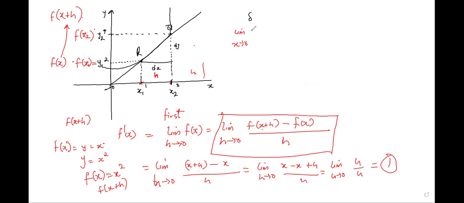So that means this is going to be the limit of x plus h all squared, minus f of x. f of x is what? x squared. So we have x squared, upon what? Upon h, right? That's our formula.